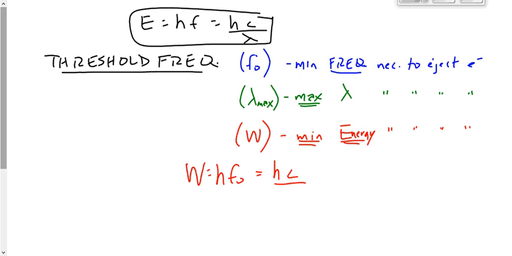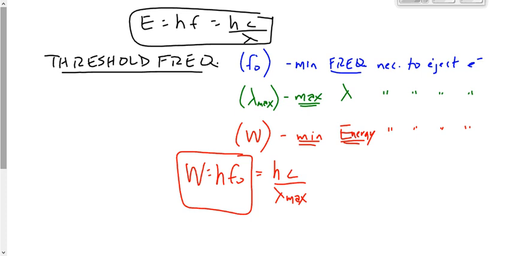Lambda max. Now I'm going to square off these two sides of the equation because those are the two that appear on my data sheet. The last one doesn't appear on my data sheet, but it's not that hard to figure out, right? If E is HC over lambda, then W must be HC over lambda max.